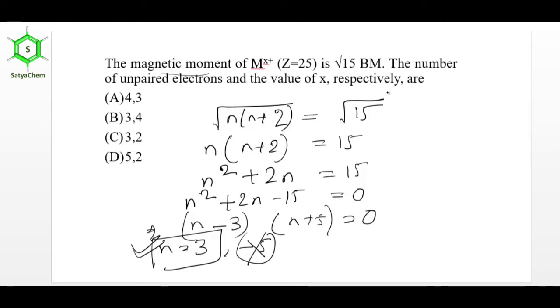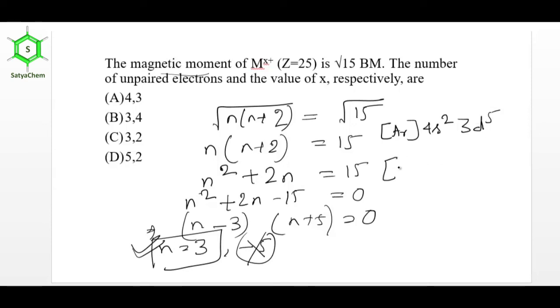Now, the electronic configuration of the element having Z equal to 25, that is 25 protons, means in the neutral state the number of electrons would be 25. Then the electronic configuration is argon 4s2 3d5. Obviously, when the number of unpaired electrons is 3, then 2 electrons from 4s and 2 electrons from 3d should be removed.